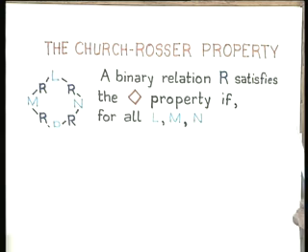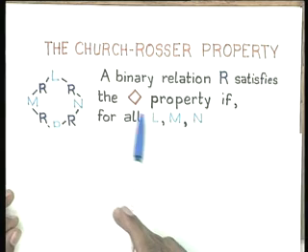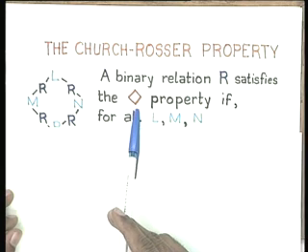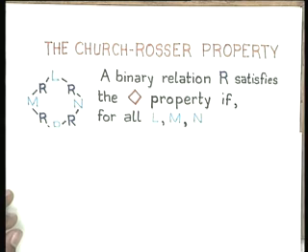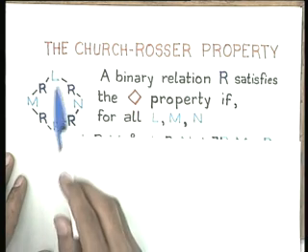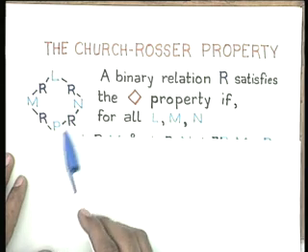A binary relation R satisfies the diamond property, okay, if this diamond is satisfied, okay.